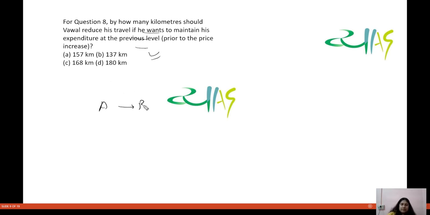So A to B we are going, and the 7% of this will become 107, and then back to A. This is 100. Now we have to reduce our expenditure. So this is the similar situation when we were getting 2400 kilometers when traveling at 107. So at 100 how many kilometers will you be traveling?